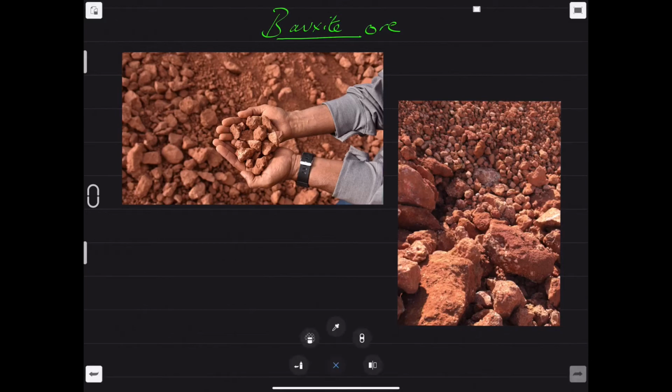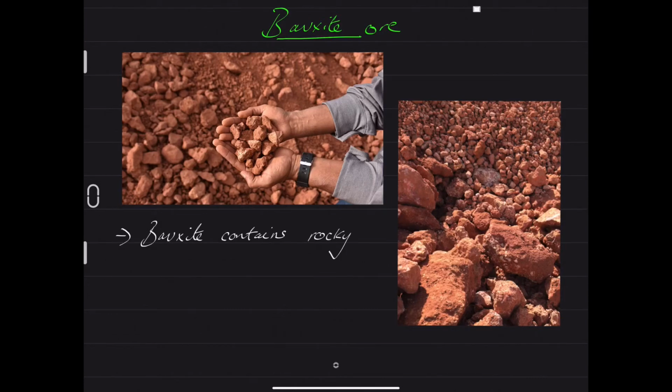So what we can do is we can just quickly note down that bauxite contains rocky impurities.